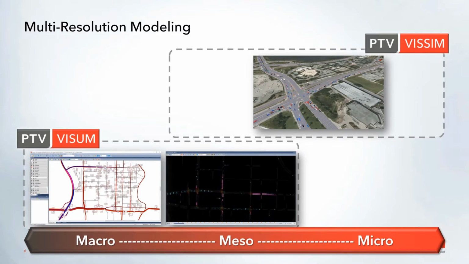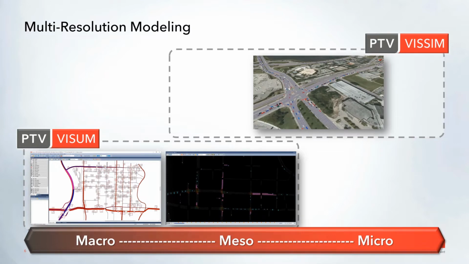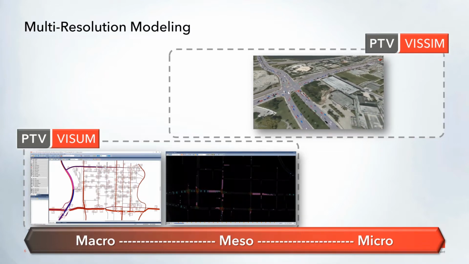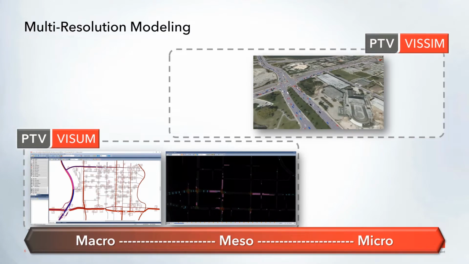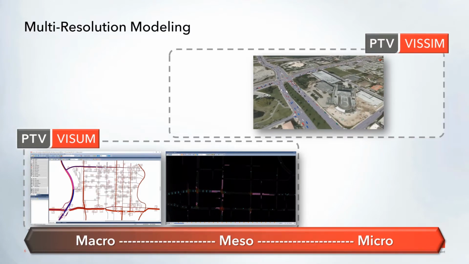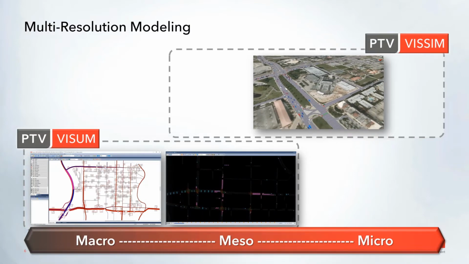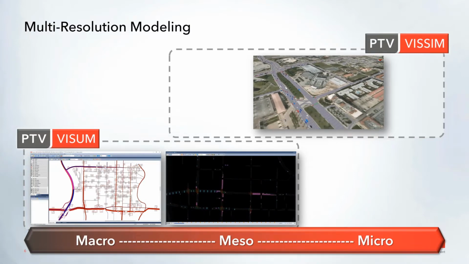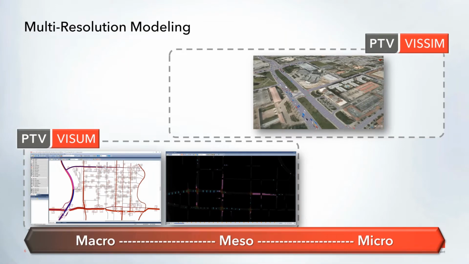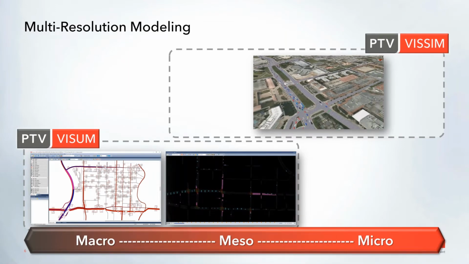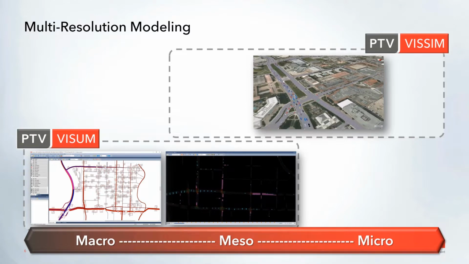In addition to macro modeling, Visum is also capable of running mesoscopic simulation within Visum itself, and the data you enter can be exported to Vissim for further micro level or hybrid meso-micro level simulation studies as well. So don't forget to check out not only Visum but also Vissim so that you can take advantage of the full suite of software that we offer.